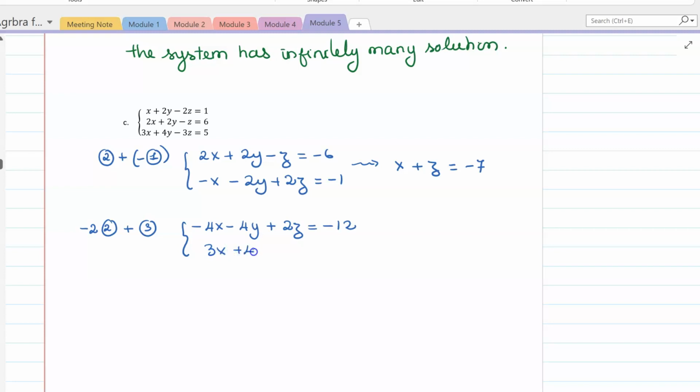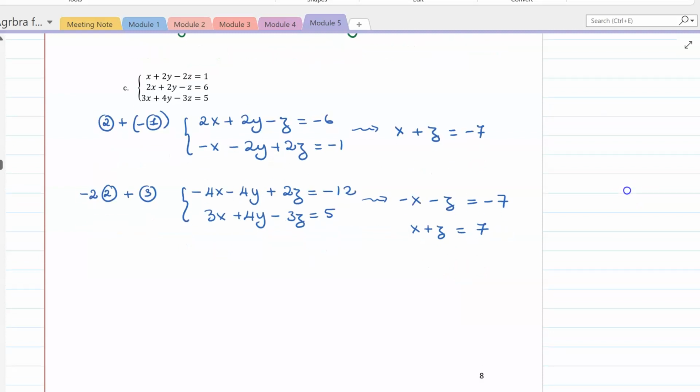Equation 3 is 3x plus 4y minus 3z equals 5. Performing the operation, we get negative x minus z equals negative 7. This means x plus z is equal to 7.